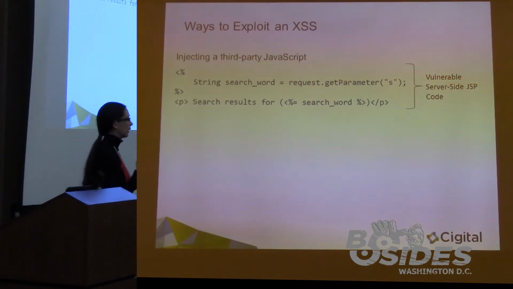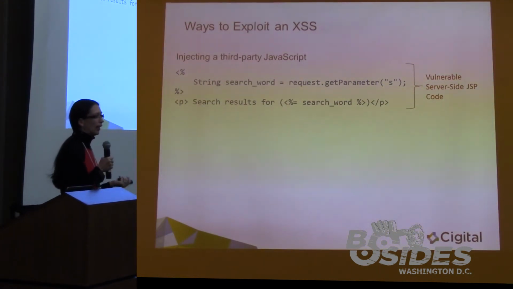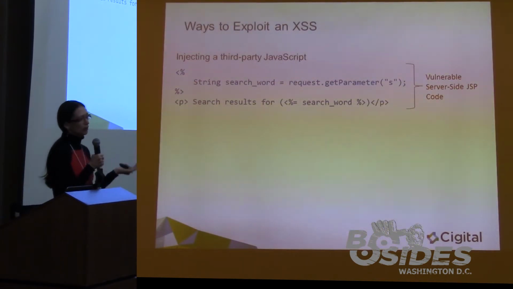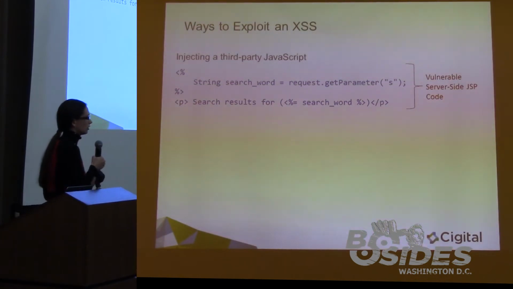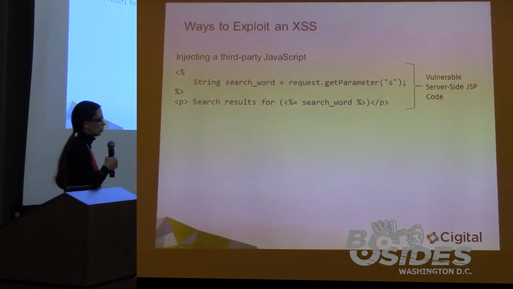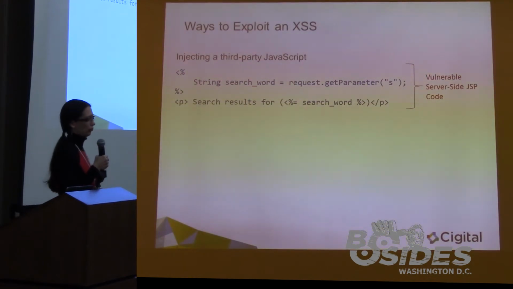Another type can be when maybe the search word has a limitation on how many characters you can enter. That's legit. It says, okay, 100 characters. So maybe 100 characters is not enough for us to write a long malicious JavaScript that will actually steal your session data or forward you to a malicious page and ask you for a username and password.